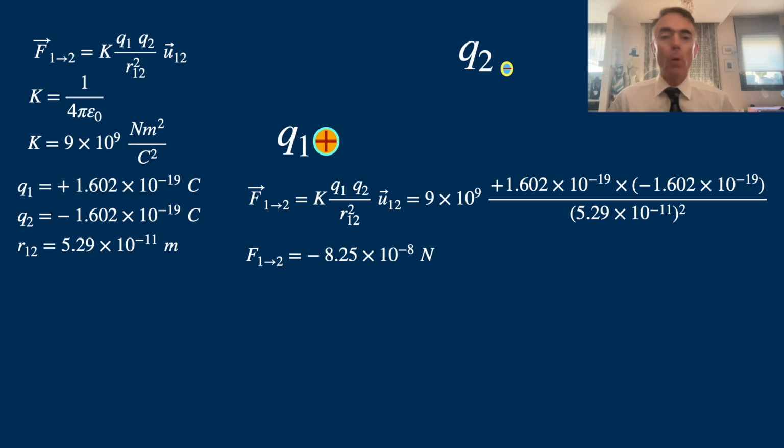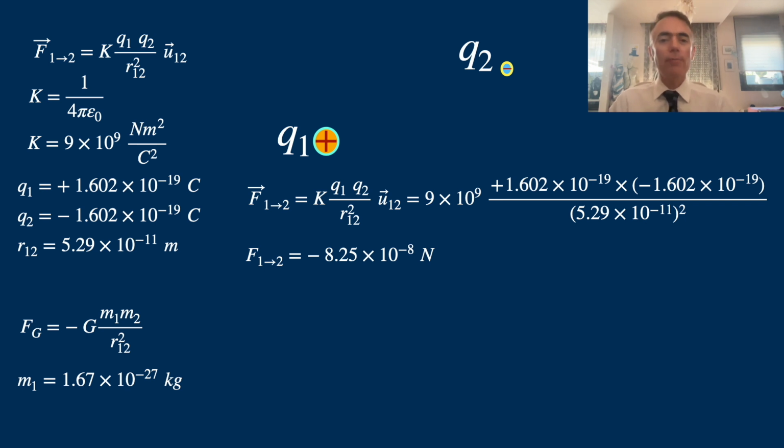This might seem small, but remember it is one single electron and one single proton we're talking about here. For comparison, let's calculate the gravitational force between these two particles. We use Newton's equation now, where the mass of the proton is 1.67 times 10 to the negative 27 kilograms.